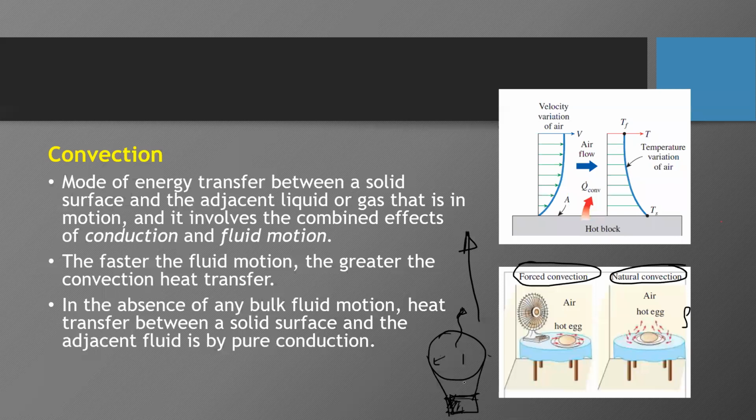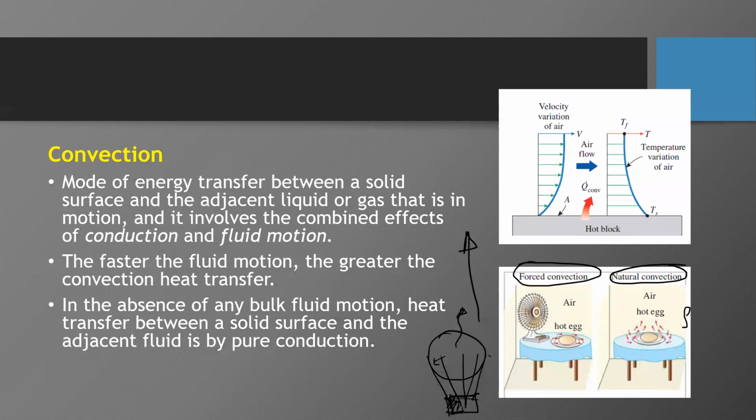So if you are heating the air and leaving it in the atmosphere, it will move upwards, because of the density change. For this one also, if you keep a hot egg on your table, what will happen?